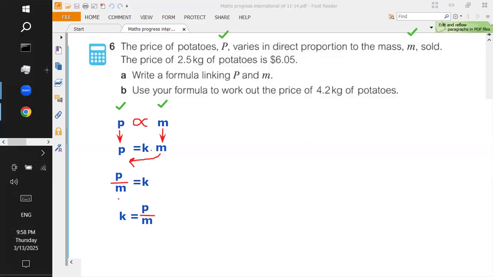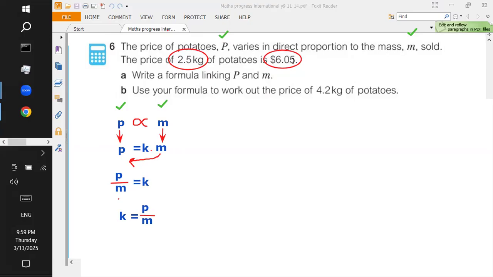Now I'm going to go back to the question and check what's the value of P and what's the value of M. So the value of P is the price. I have two values here in the question. Now the price is in dollars and M is the mass, which is in kilograms.